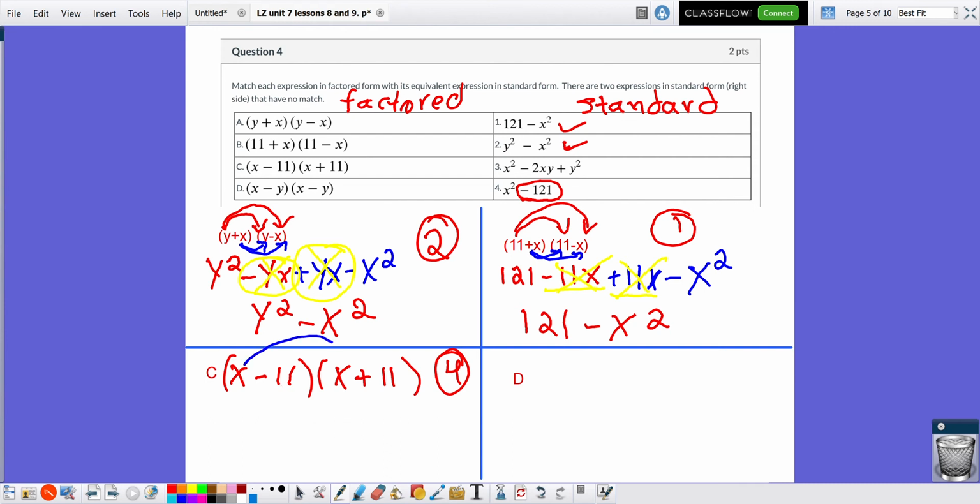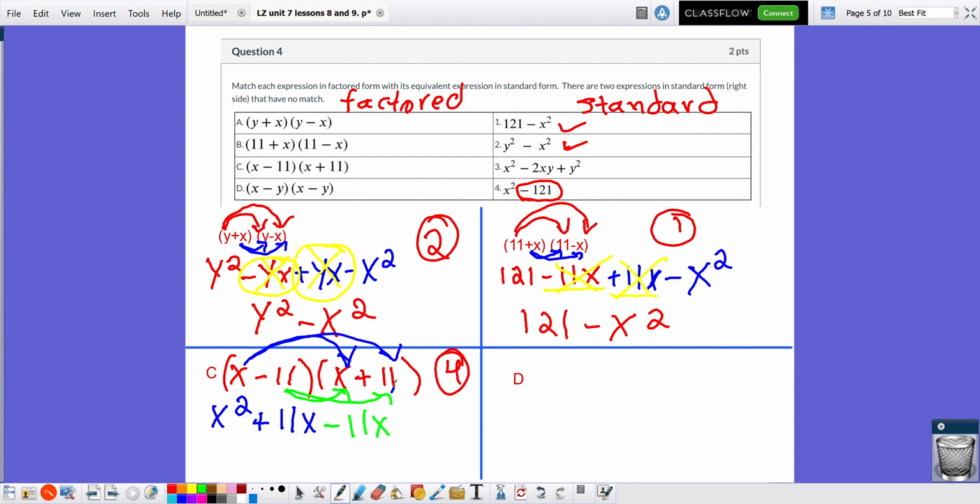So let's check this out. x times x is x squared. x times positive 11 is positive 11x. Then I have negative 11x. I'm going to multiply negative 11 to negative 11. So negative 11 times x is negative 11x.